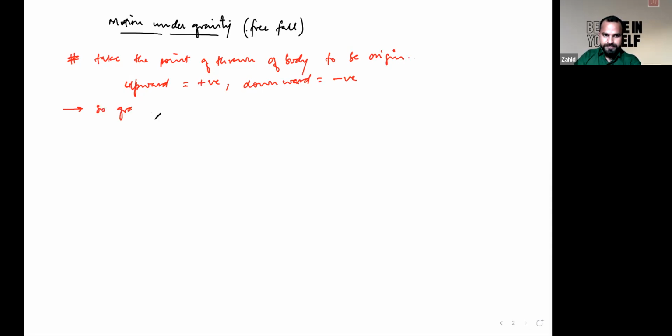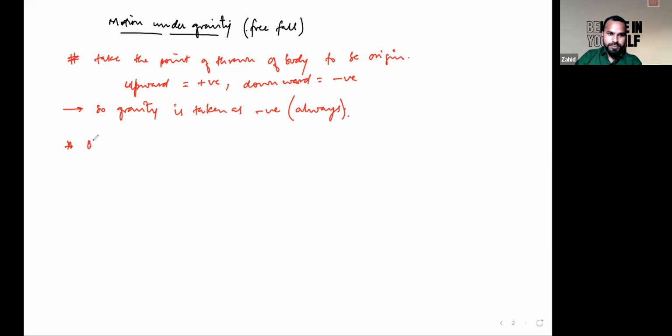So gravity is taken as negative always. Next is, a body always acquires the velocity of the system of which it is a part. Let's say a body is placed in a moving car. So the velocity of the body must be equal to the velocity of the car in which it is placed.